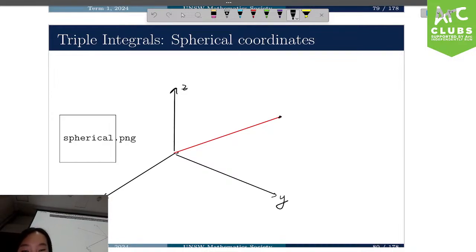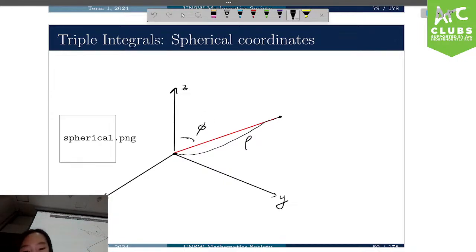So this is our integral. Here is our rho. So this red line is our rho. That's the length from the origin all the way to here. You could think about a robot. The robot is standing at the origin, and its arm is extending to this point, and the distance is rho. Also I have a phi here.